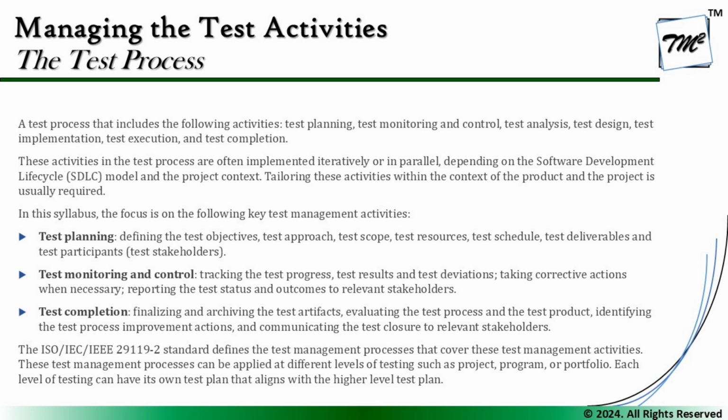So on a very high level, we just understood some of the things which we already know from the foundation. As a manager, these become our key responsibilities in the entire process. However, it's not that when it comes to analysis, design, implementation, and execution, we do not have a contribution at all. Don't forget, planning is one phase and completion is one phase, but monitoring and control is a consistent activity which happens throughout the life cycle.